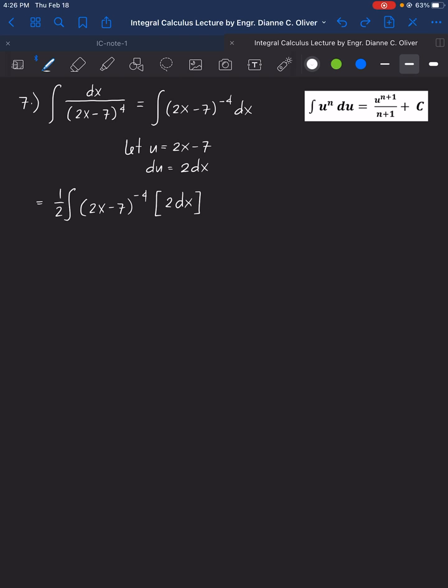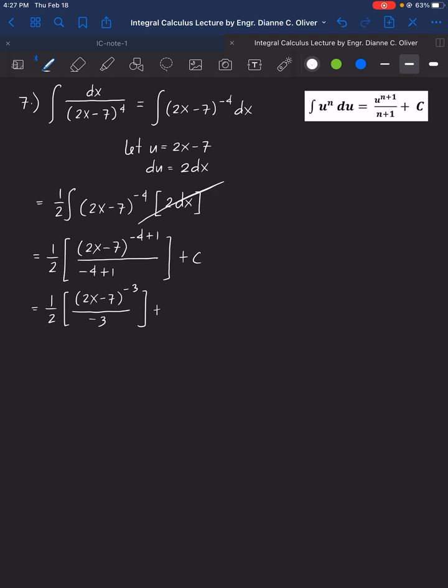Okay, so we can now set this aside and focus on this portion. So this is 1/2. The u here is 2x - 7. So we're already following this format here. Then negative 4 + 1. Don't forget + c because the integral sign has already been removed. That is equal to 1/2 times (2x - 7) raised to negative 3 all over negative 3, + c.